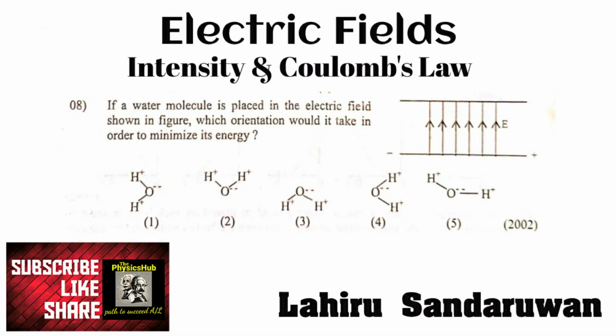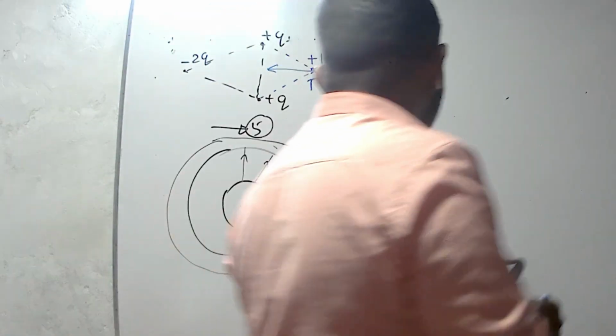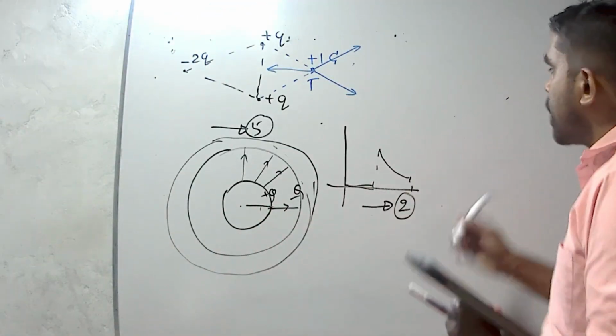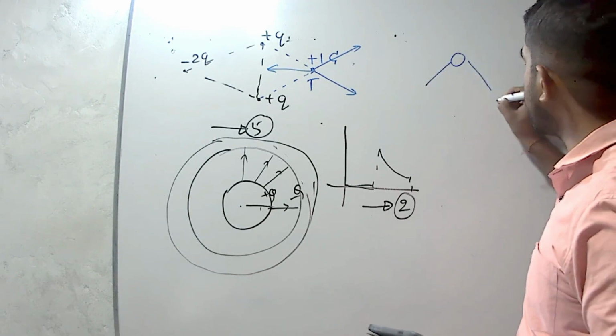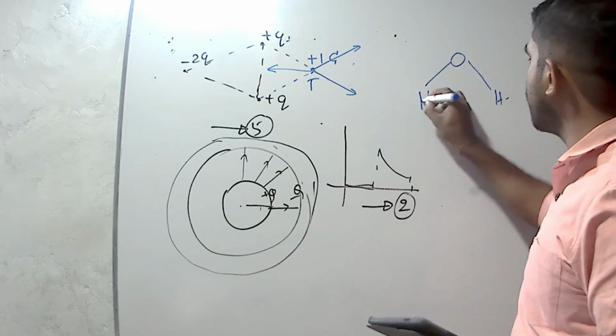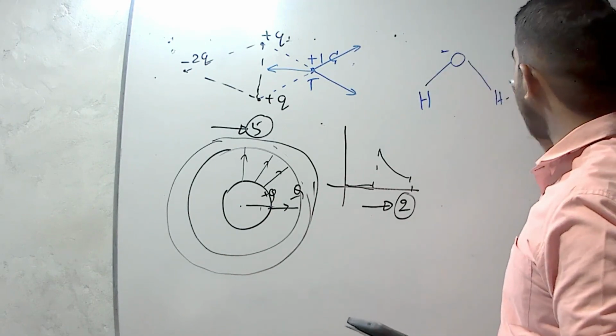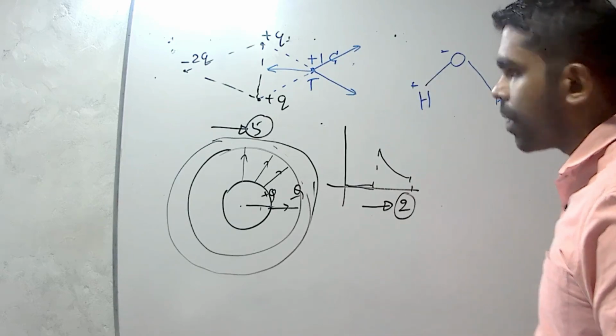If a water molecule is placed in the electric field shown in the figure, which orientation would it take in order to minimize its energy? We know that when considering water, oxygen has a minus charge, hydrogen has a plus charge.